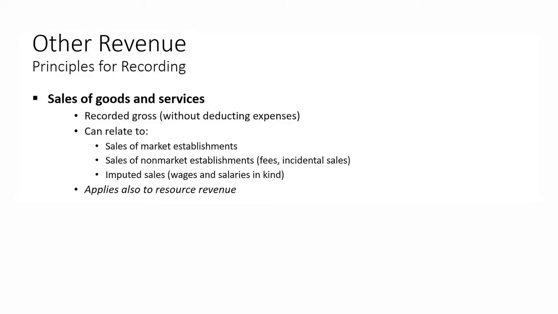Yes, if they have a public beer brewery and they get beer for free, this is also a kind of salary in kind. This is a kind of selling beer. You have to put an income for the government, but you have to increase for the same amount the wage payment.